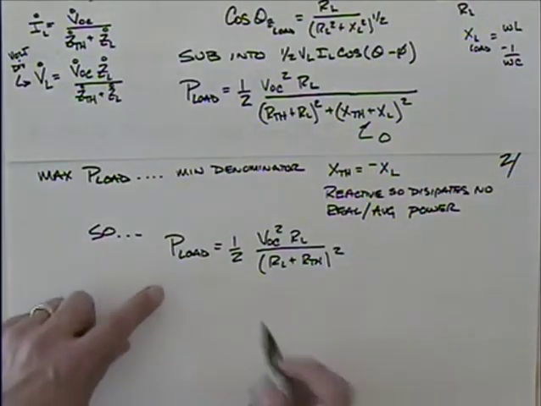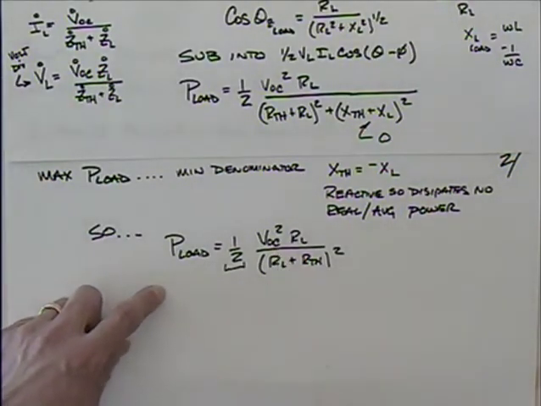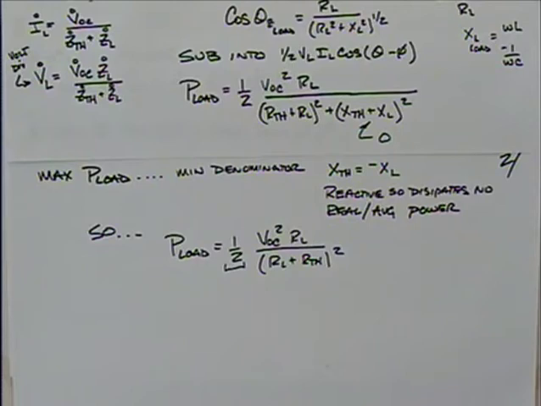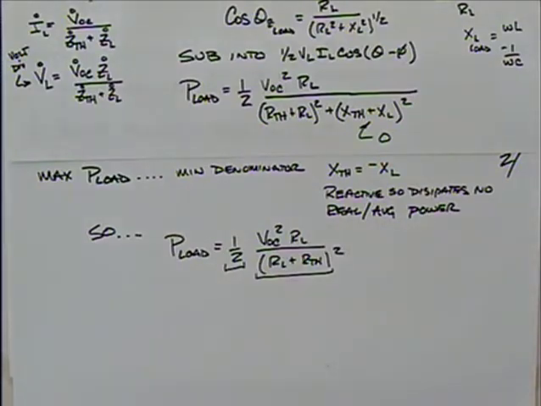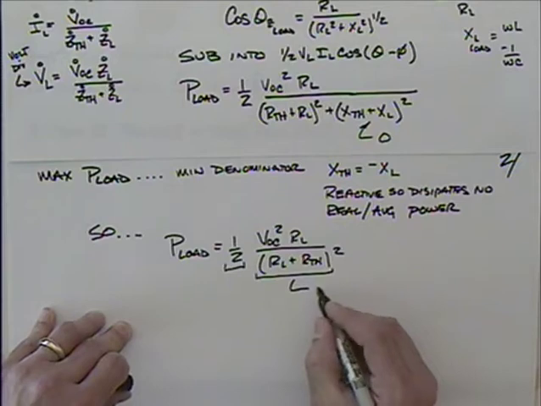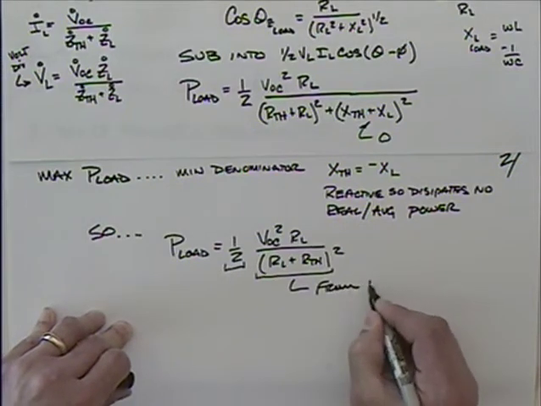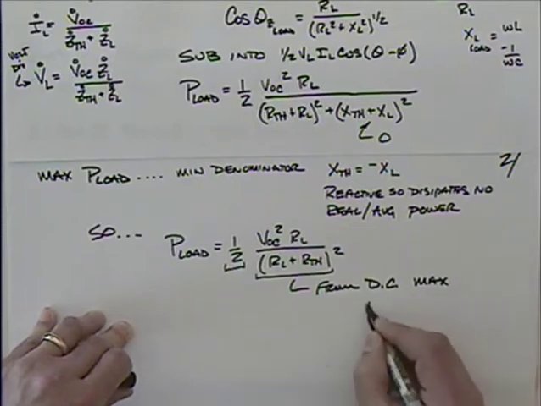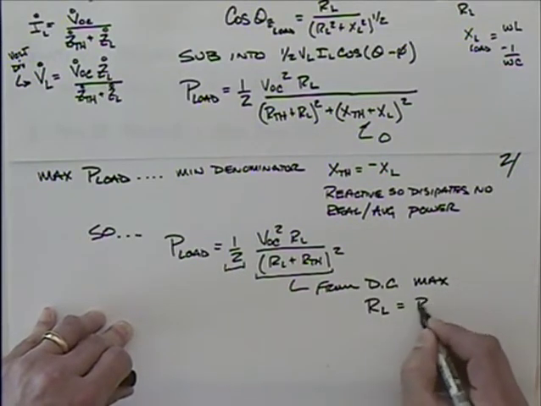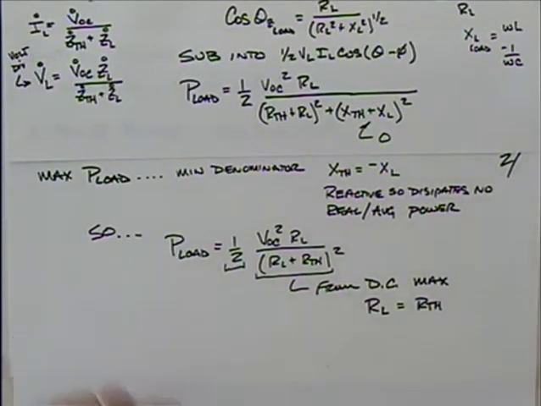And with the exception of the 1/2 here, because of the V open circuit being in a magnitude form and not an RMS form, we have over here exactly the same thing that we had with the DC source. And how did we maximize that? From our DC work, the maximum was when what? RL was equal to R Thevenin.